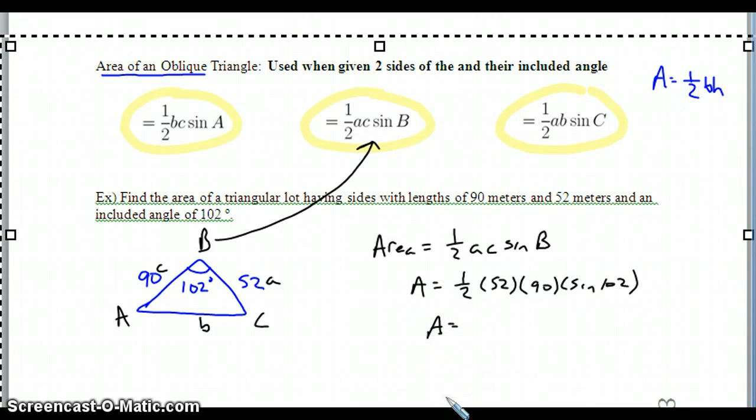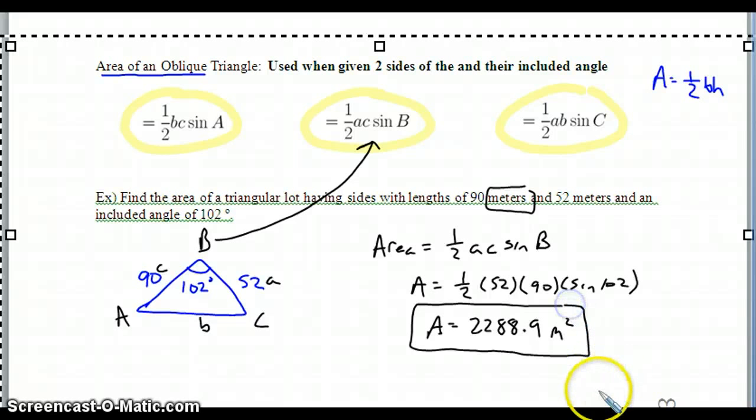So typing this into my calculator, I end up with 2,288.9, and we were told meters was our units, meters squared. So this triangle will have an area of 2,288.9 meters squared.